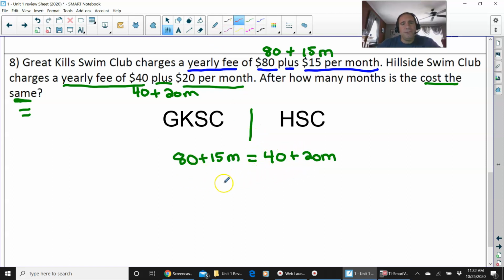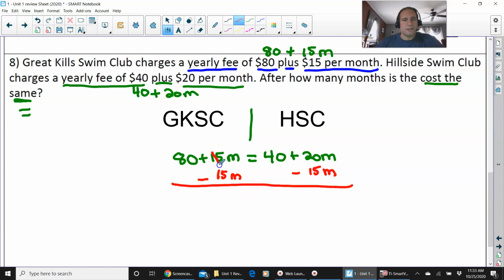So hopefully you did have a chance to do this, and this is the equation that you have. Please go ahead and solve this right now. When you solve it, remember, you have variables on opposite sides. So we have to get the smaller variable over to the larger variable. We have minus 15m and a minus 15m. This cancels.